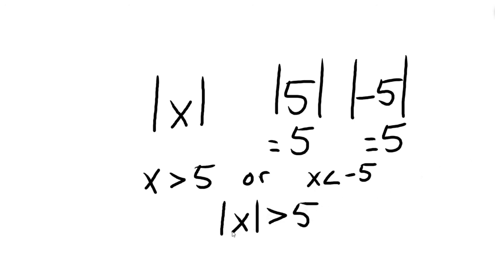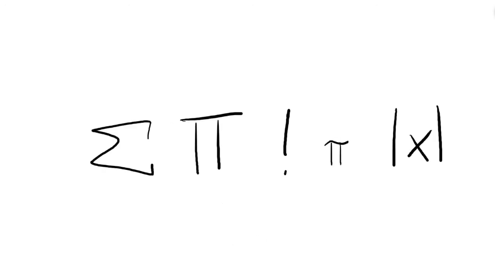Because then we might have minus 7. The absolute value of minus 7 is 7, and that is larger than 5. And that was some explanation about these different symbols and what they mean and how we use them.